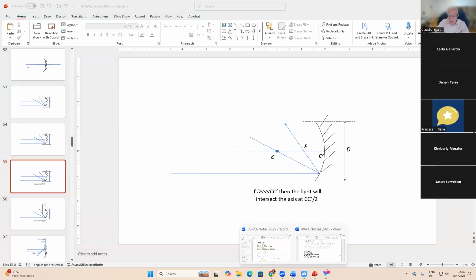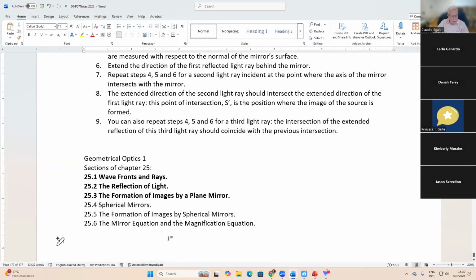Okay, so let's write down what we need to know. Spherical mirrors. We will now study two different spherical mirrors: the concave mirror and the convex mirror.